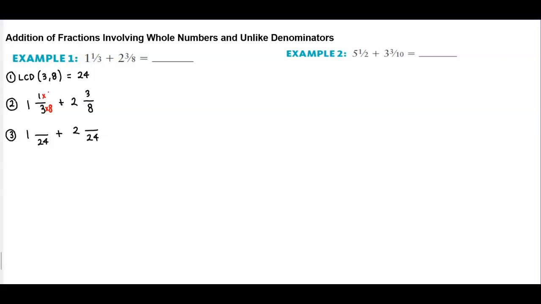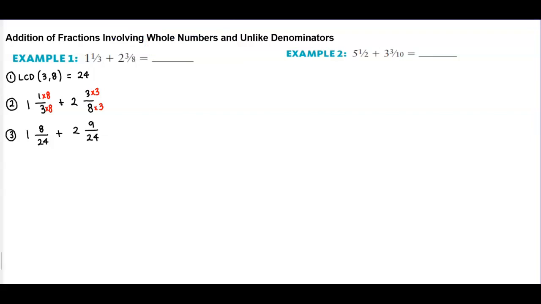So then we're going to take 1, multiply that by 8, and therefore we have 1 and 8 over 24. Plus, now we need to find out 24 divided by 8 is 3, so 8 times 3 is 24. And then 3 times 3 is going to give us 9.